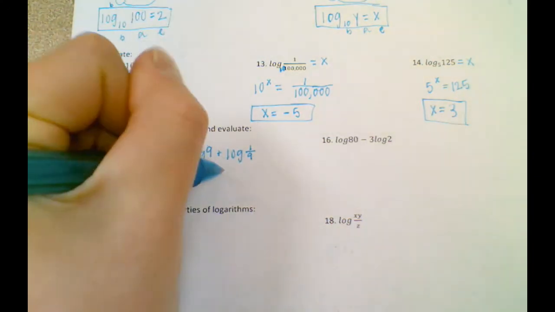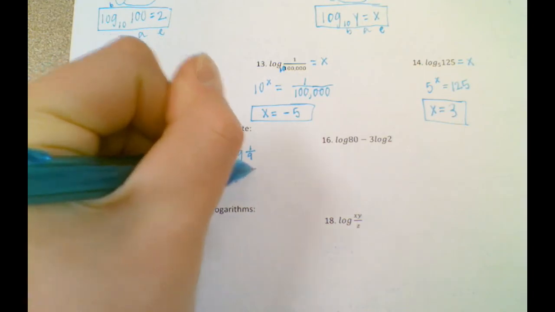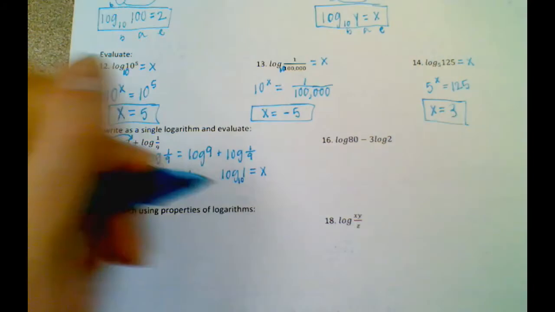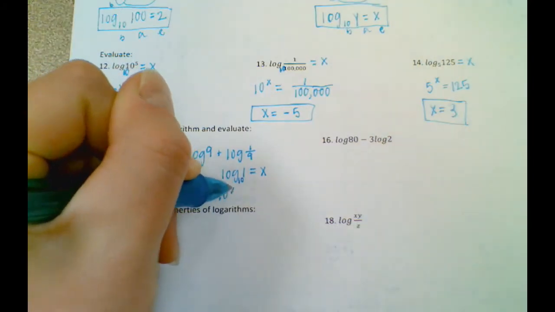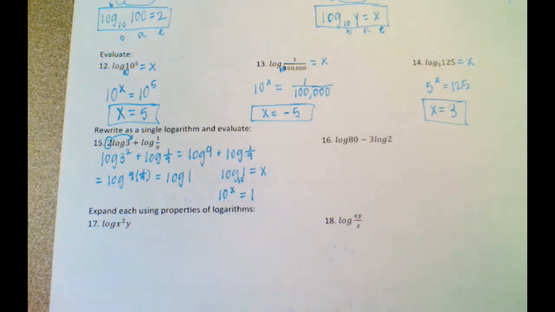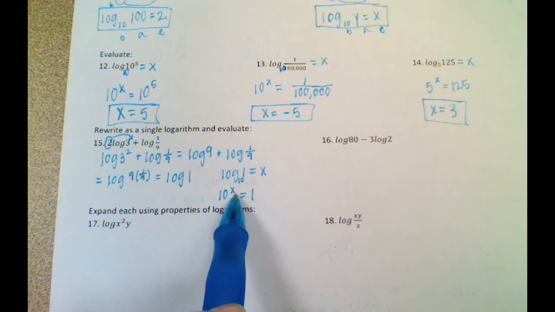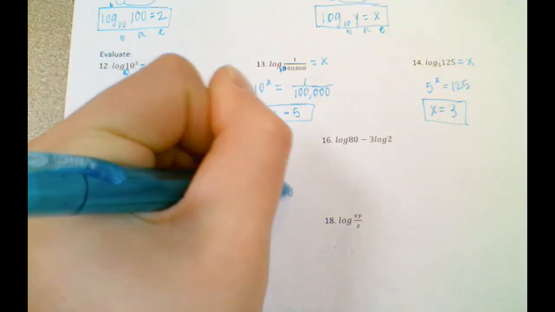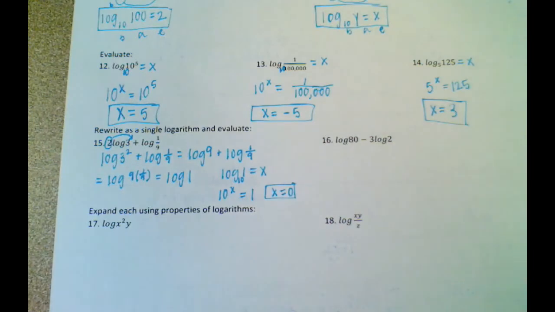So really we are evaluating log of 1 equals x, so we need to figure that out. Remember, since there's not a base here, it's just a 10, so 10 to what power equals 1? Use the Bay or the Swoop method to set that up, like we did up top, all right? So anything to what power always equals 1? 0. Good job. Okay? You guys do need to know that.